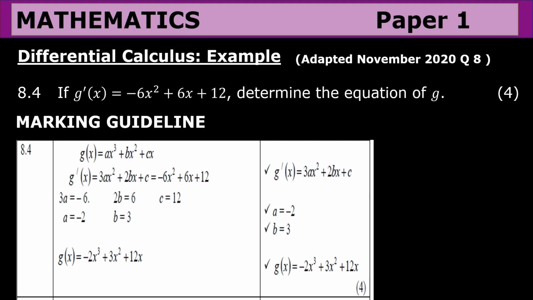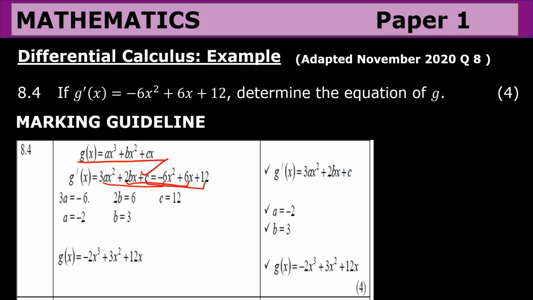Well, here we are going to get marks firstly for doing the derivative of g. So remember, initially we were given g, it's just that we did not have values for it. We had variables only. So getting the derivative, we are going to get 1 mark there. And of course, equating it with the derivative that we already have, we would have seen that we can equate the 3a to this -6, the 2b to the 6, and the c to the 12.